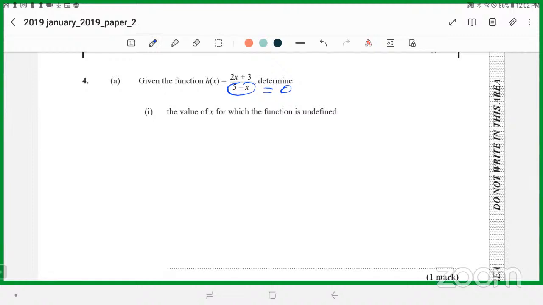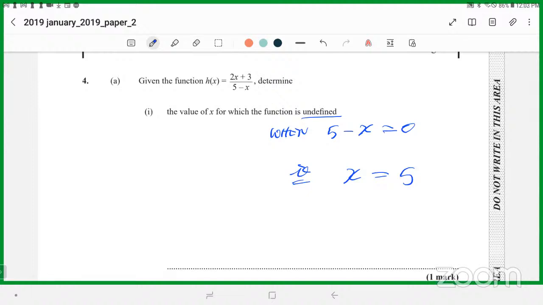And when the fraction can't work, the function can't work. So it is undefined when the 5 minus x is equal to 0, that is when x is equal to 5. So that's the answer. x equals 5 will make the function not work because it makes the denominator 0.